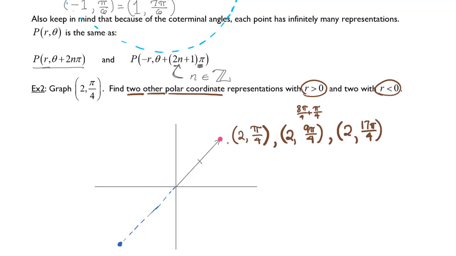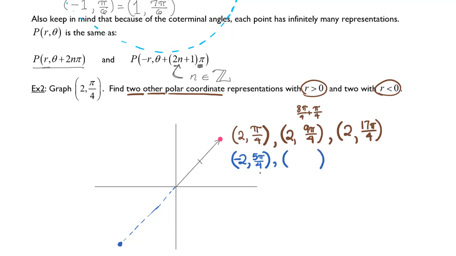I want to be over here in the first quadrant, and so I have to add pi. An equivalent negative radius, -2, would be pi over 4 plus pi, which would be 5 pi over 4.